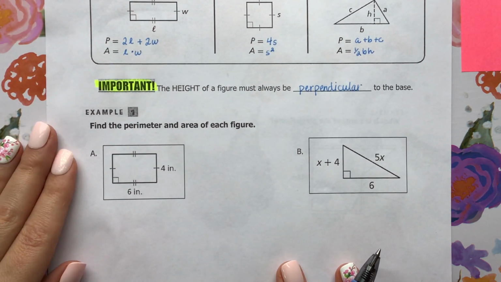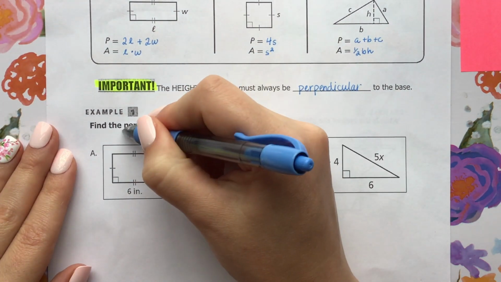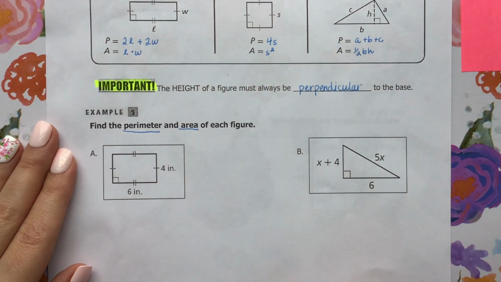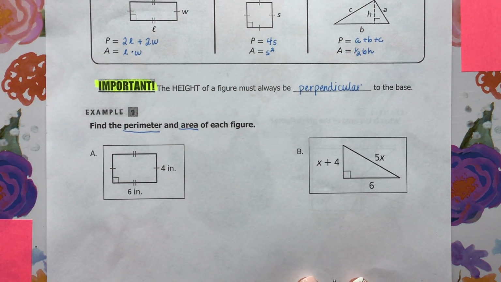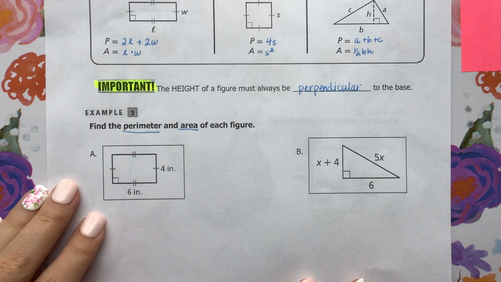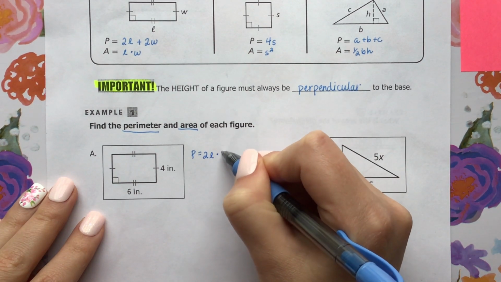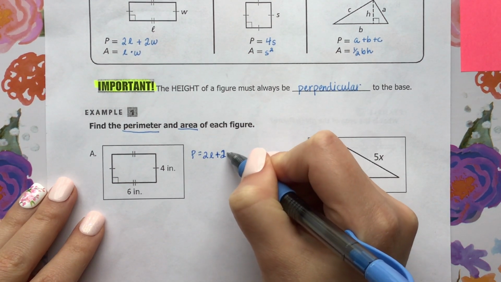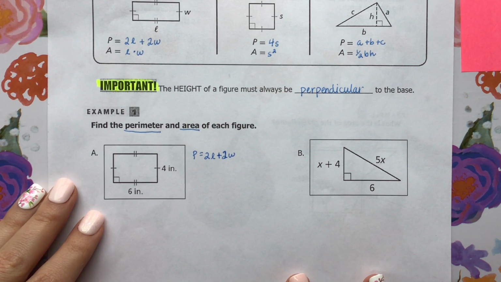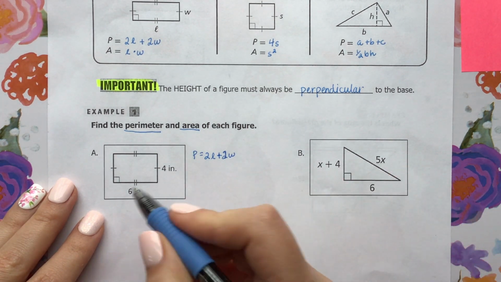Okay, let's do a couple of examples. It says find the perimeter and area of each figure. So be mindful that it's asking us for 2 things. And we're just going to apply our formulas here. So this one is a rectangle, so the perimeter formula is equal to 2 times the length plus 2 times the width. So we're just going to substitute those things in.